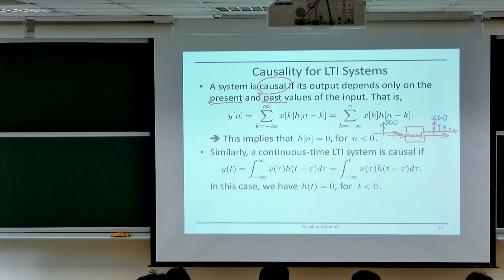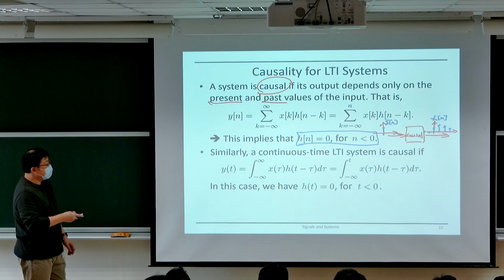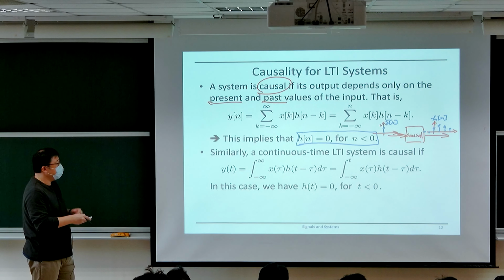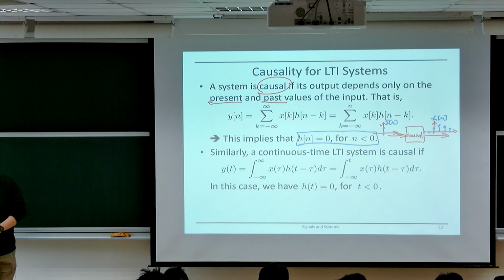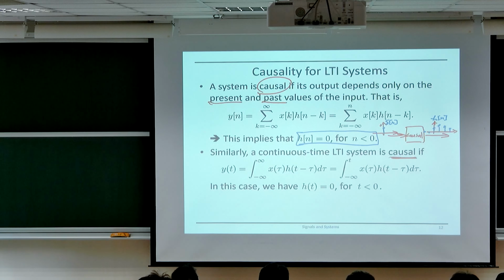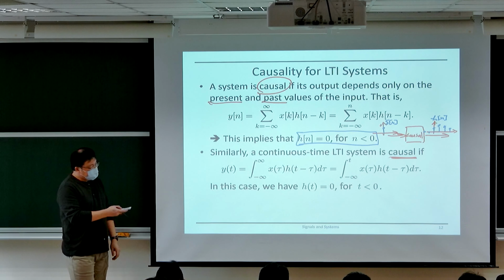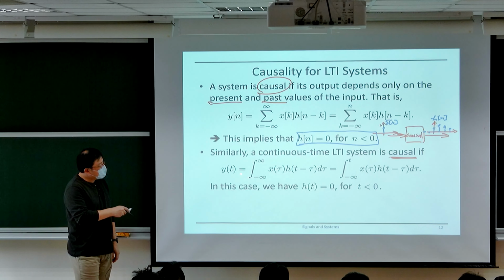So a system is causal if it satisfies this condition. Now this holds similarly in the continuous case. A continuous time LTI system is causal if this convolution integral goes only up to time t.